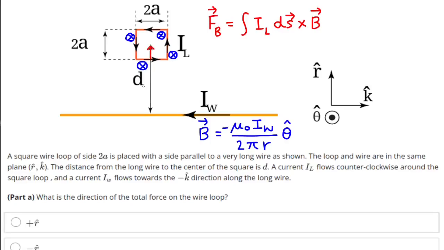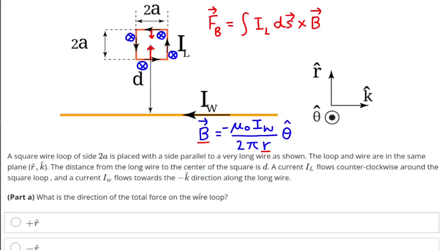On the top part of the loop, the magnetic field goes into the screen and the vector in the direction of the current goes to the left. So by the right hand rule, the cross product results in a force acting downwards. In this case, the magnetic force is smaller than that acting on the bottom part of the loop, because the magnetic field drops off in the radial direction.